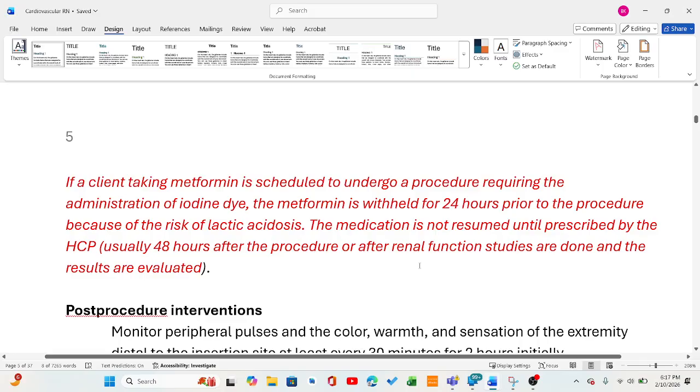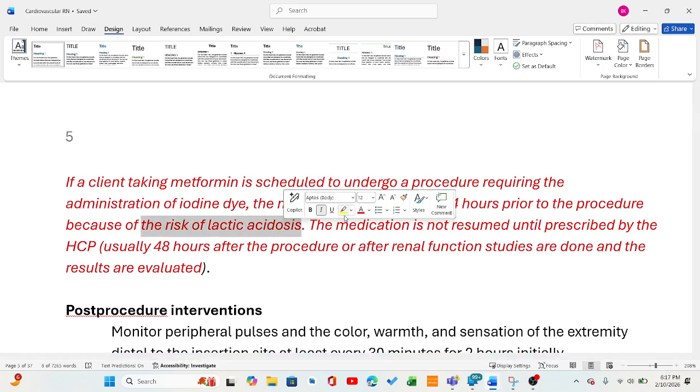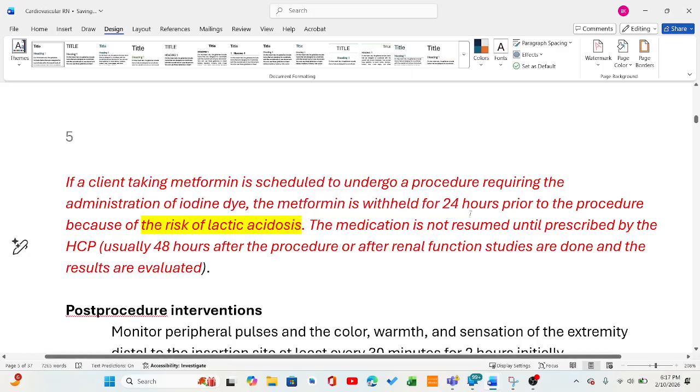One of the things that I've seen that NCLEX loves a lot is that if the person is diabetic and they are on metformin, you need to hold the metformin at least 24 hours before they go in for the procedure because it puts them at risk of developing what we call lactic acidosis. Please take note of this.